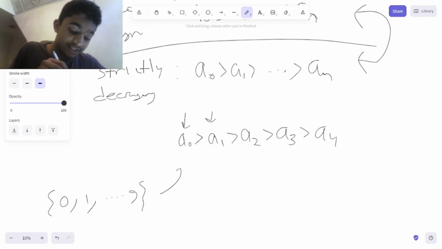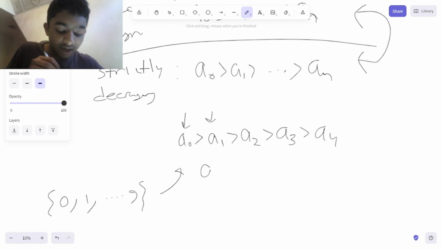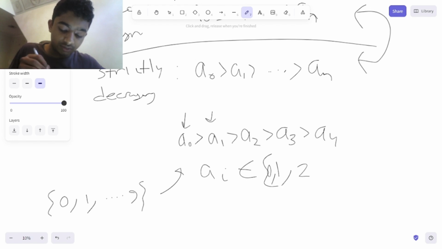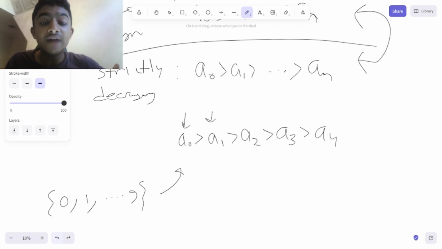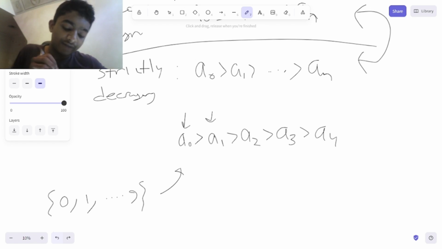We're choosing each ai from within this set, 0 through 9. If we want to choose 5 distinct elements, and they have to be distinct in order to form a decreasing sequence, all we have to do is choose 5.